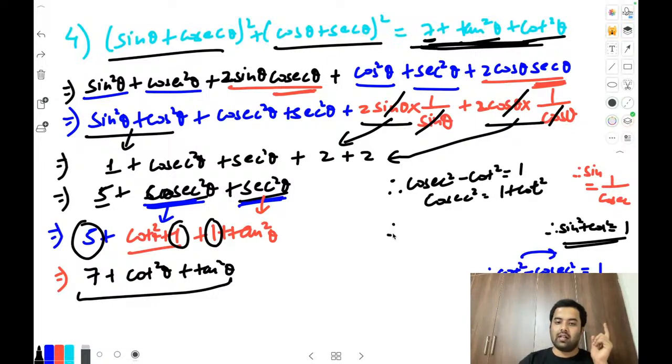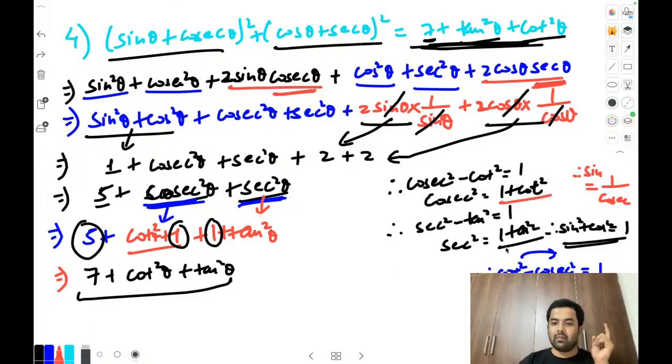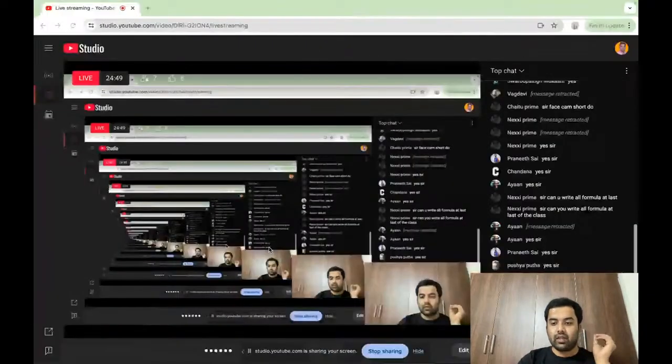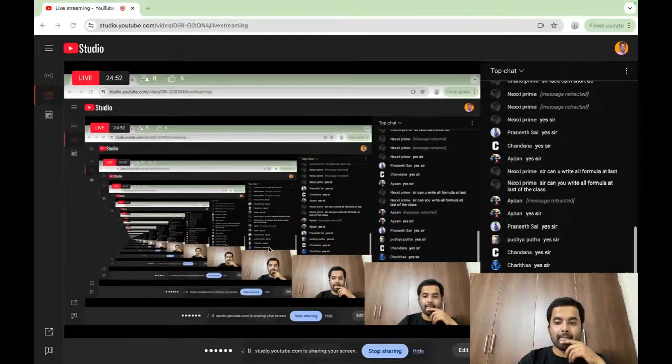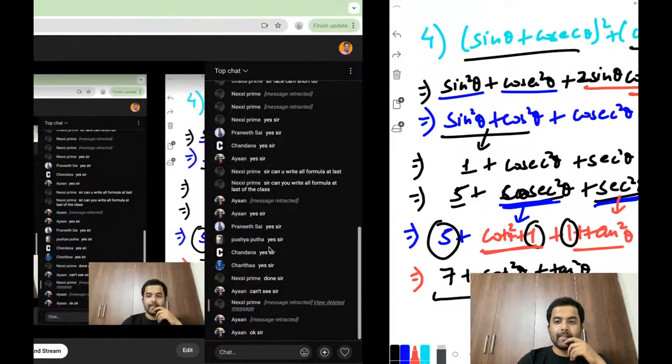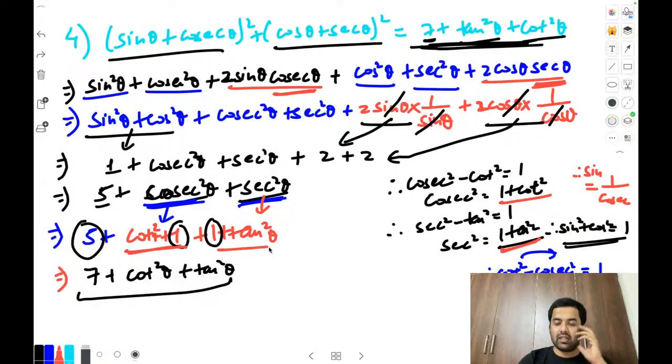And the second formula we used is sec square minus tan square equal to 1. So sec square equals what? 1 plus tan square. We kept this. Let me underline with the red color. We kept these two values here, because we need the answer in tan square and cot square. Understood this? Yeah, fine. I'm mentioning the formulas also.